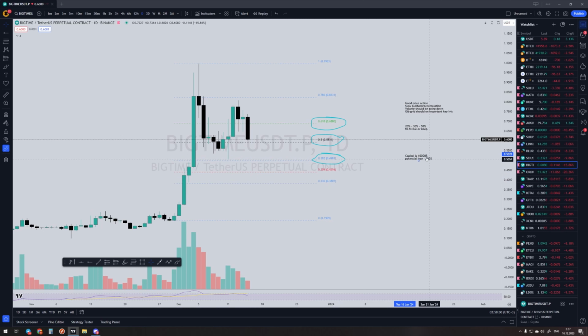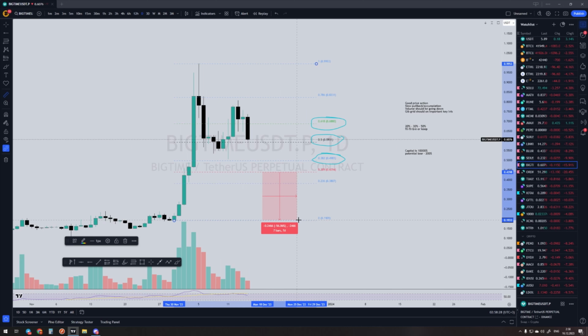How do I calculate my position size on the entire position? I have to see how many percent from my average entry, if all three of my positions are activated, it is to my stop. In this case it's 56%.